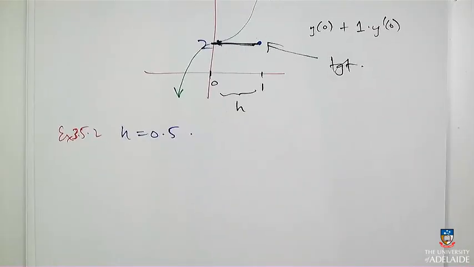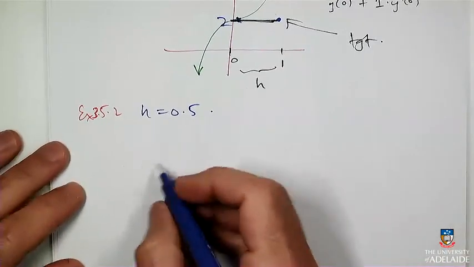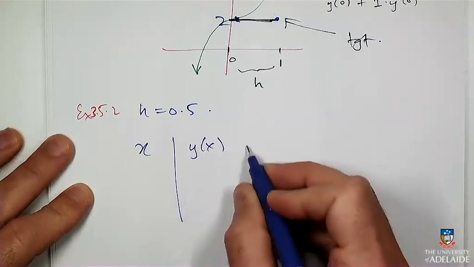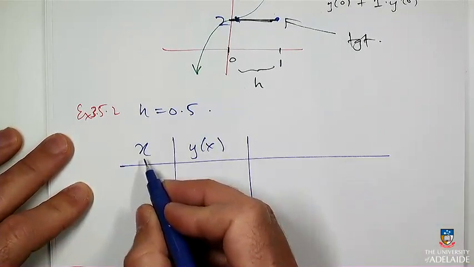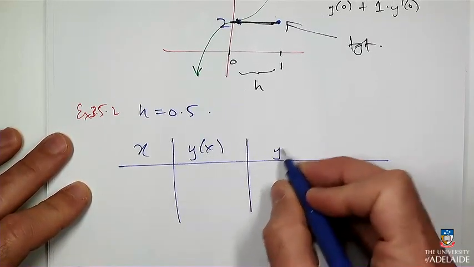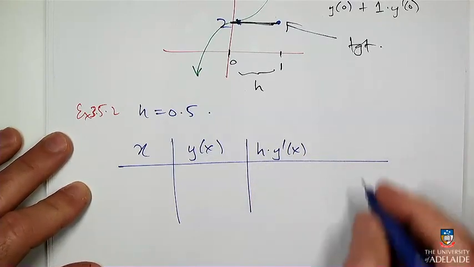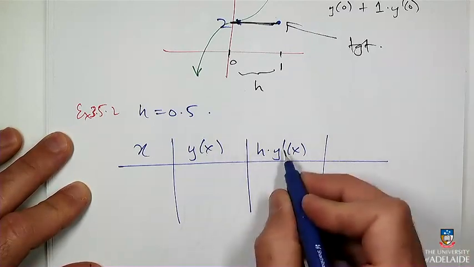Okay, so an easy way to set these problems out is to draw a table. Okay, so we'll put this data in a table. So the value of x we're interested in, the value of y at that point, the derivative at that point, right? In fact, maybe what I'll do is I'll do h times the derivative at that point to make life easier, and then the next value, right, which will be this plus this.